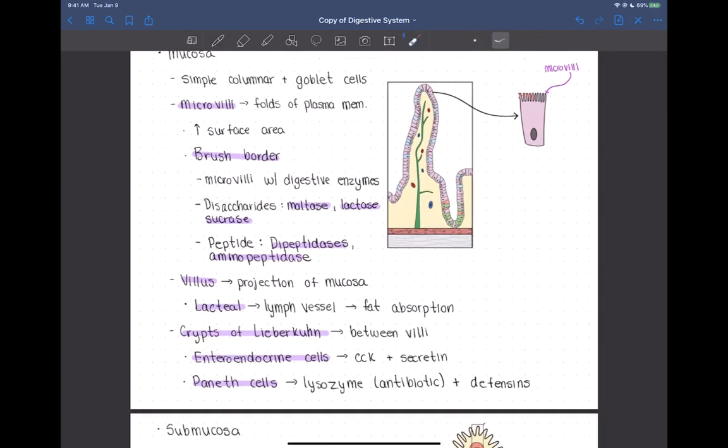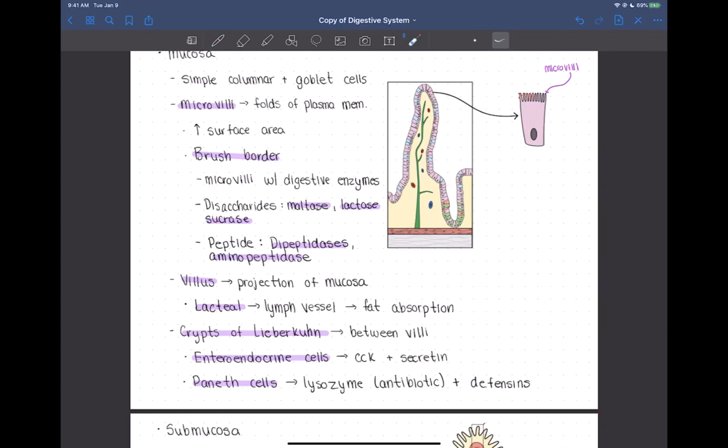If we're talking about our disaccharides, our last residual carbohydrates, they could be the disaccharides we talked about: maltose, lactose, and sucrose. The enzymes for those in this brush border would be maltase, lactase, and sucrase, which is nice, very similar names.